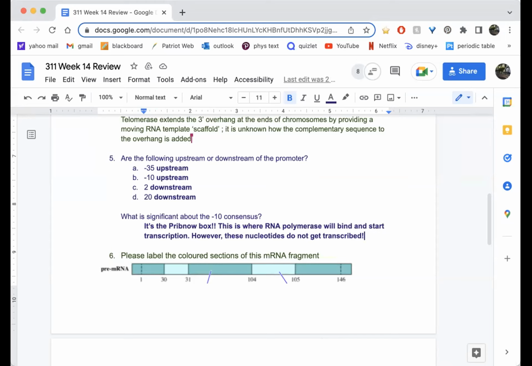Okay, cool. Does anybody have any questions about that? This part is pretty self-explanatory, but I just wanted to make sure that you guys understood it because sometimes the upstream downstream lingo can be confusing.